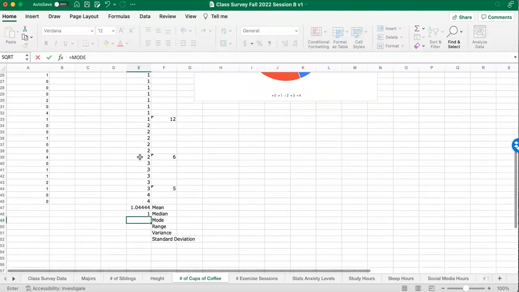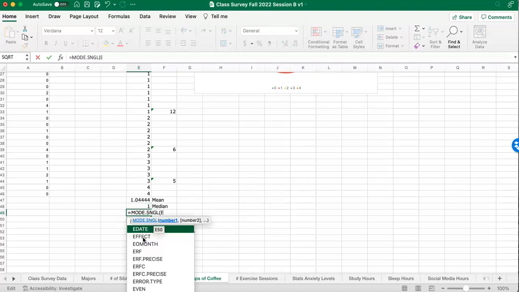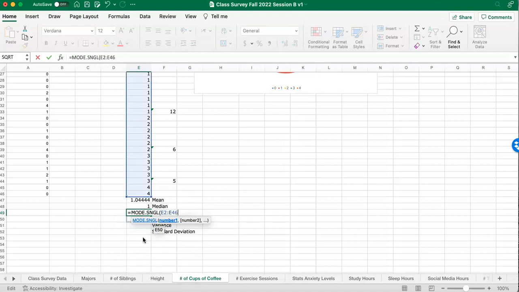That's how we know it's a single mode. Let me type that back. Mode, we'll choose that, and it was E2 colon E46.